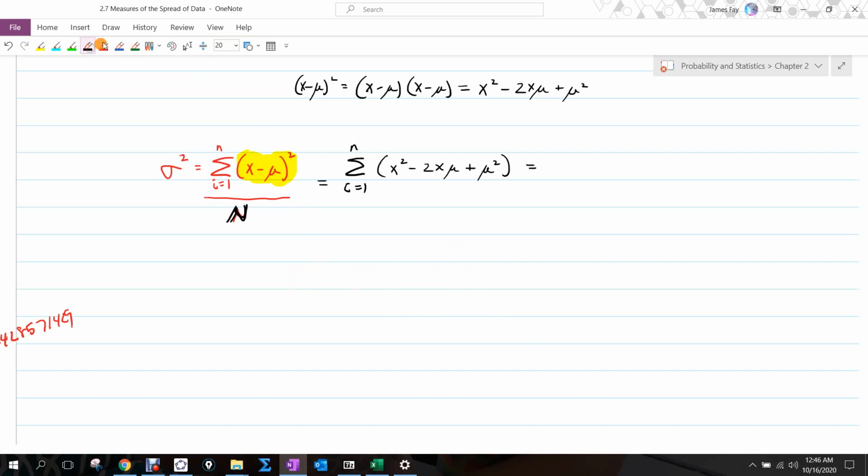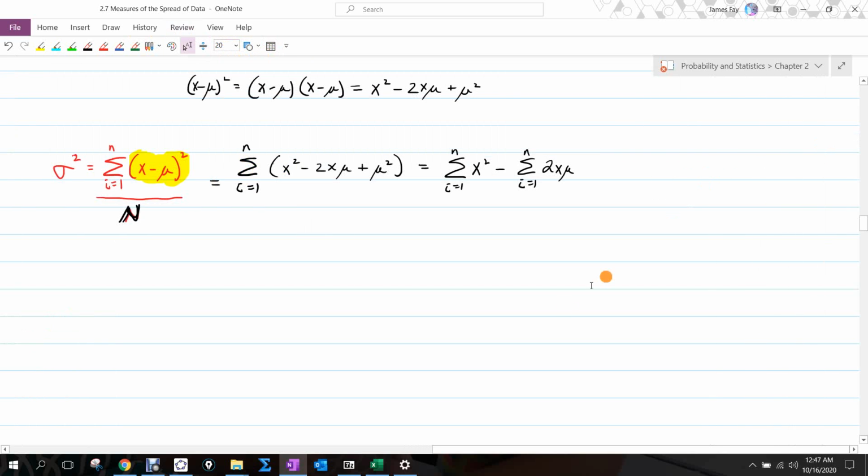I'm going to rewrite this as the sum from i equaling 1 to n of x squared minus the sum from i equaling 1 to n of 2x mu, and then plus the sum from i equaling 1 to n of mu squared.